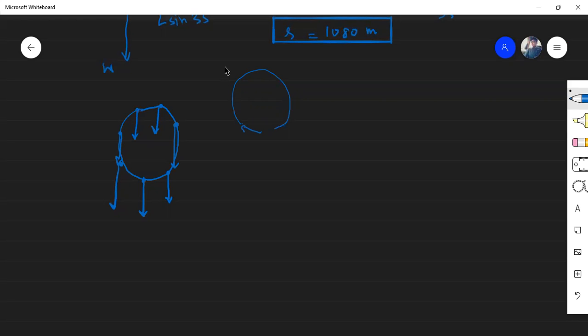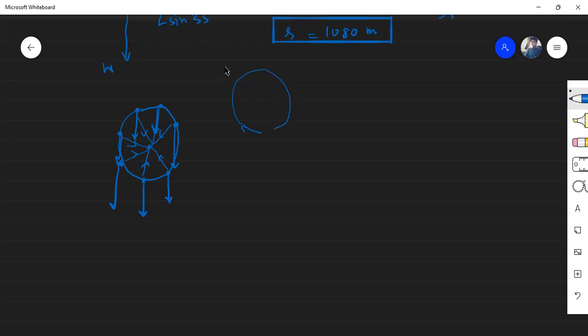At every point, the weight of this plane is acting downwards, and the force that causes it to move, the centripetal force, is always towards the center of the circle.